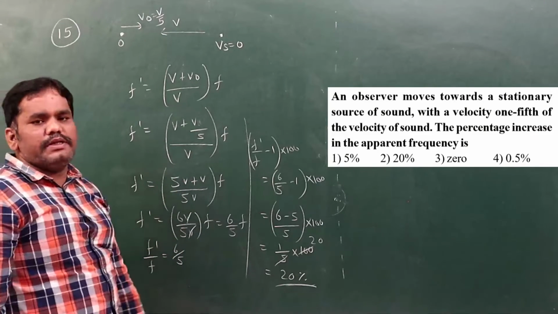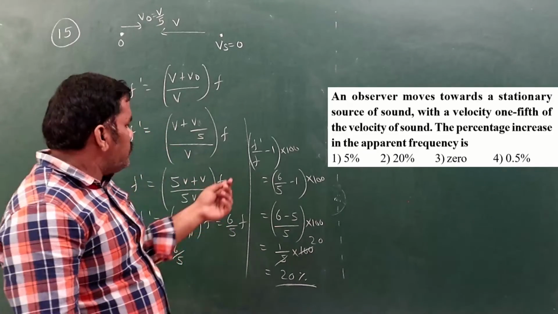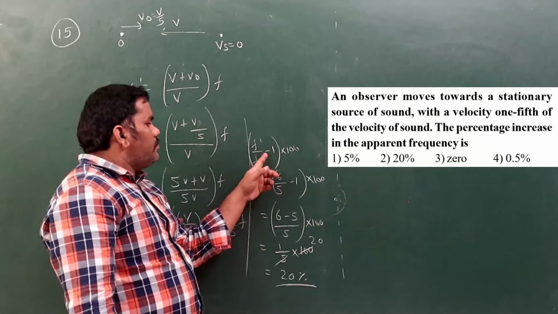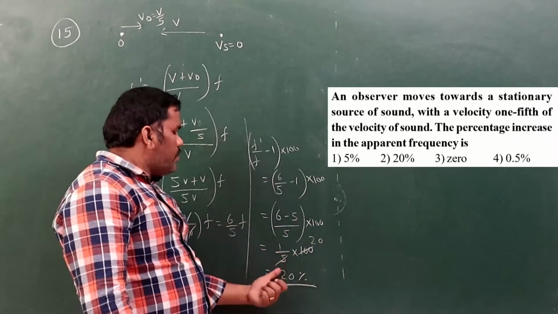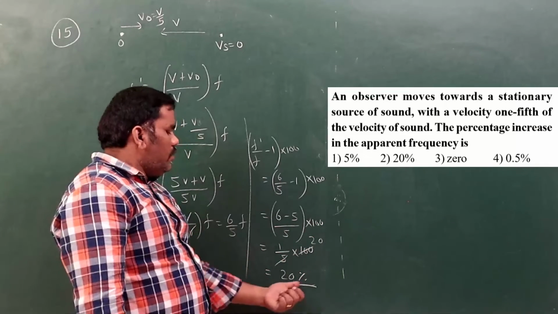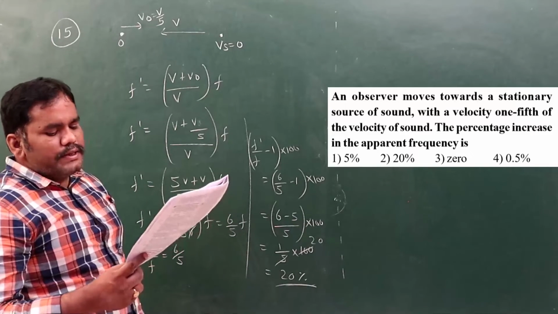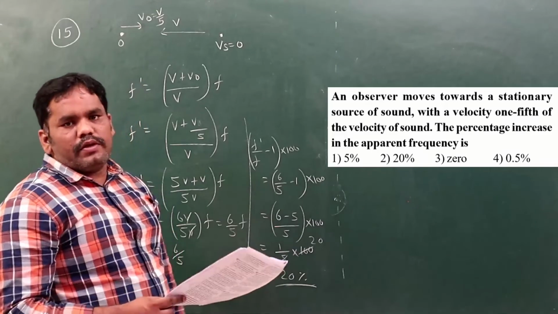Percentage means final value minus initial value by initial value into 100. So f dash by F minus 1, that is (6 by 5 minus 1) into 100, which is 1 by 5 into 100, equal to 20%. The percentage increase in apparent frequency is 20. Okay students?